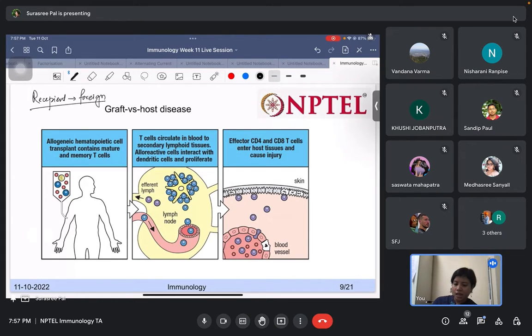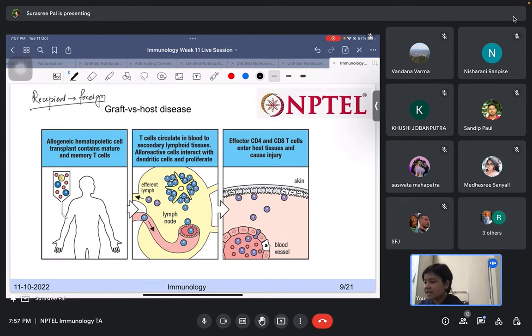And the consequences of this graft-versus-host disease are particularly aggressive when there is a mismatch of MHC class 1 or class 2. That is why this HLA matching is very critical in case of HSC transplantation than solid organ transplantation, right?